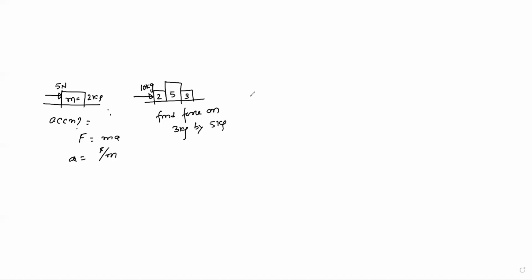Suppose there is another variation, where a block is placed on an inclined wedge and is coming down, and I am asked what is the acceleration of the block. Again, a different scenario of motion.